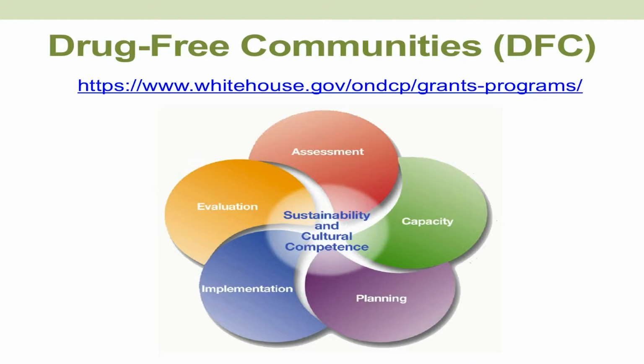Another widely utilized model is Drug-Free Communities, or DFC. It takes an environmental approach to reducing the early use of alcohol, tobacco, marijuana, and prescription drugs by focusing on improving environmental causes of youth substance use, such as product placement and pricing, and community norms around alcohol and drug use.